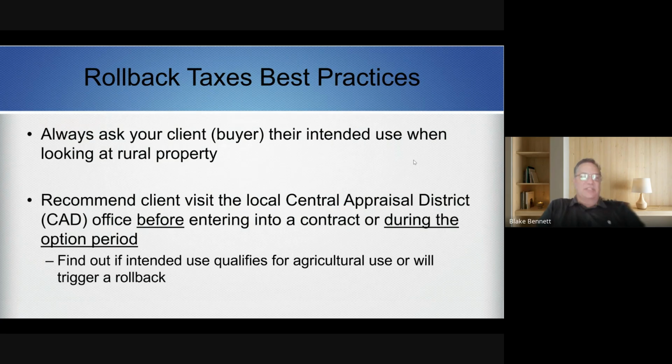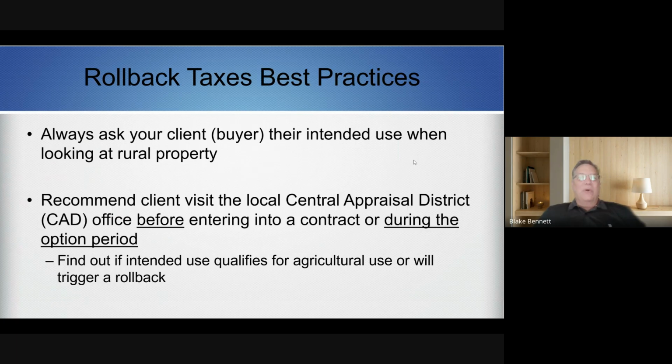Best practices here, always ask your client, if they're the buyer, what's going to be your intended use? Recommend them talking to the Central Appraisal District before they purchase the property, or at least during the option period. I was going back and forth in email just this past Friday with a real estate agent, and their client is moving into Northeast Texas, and they have exotics.